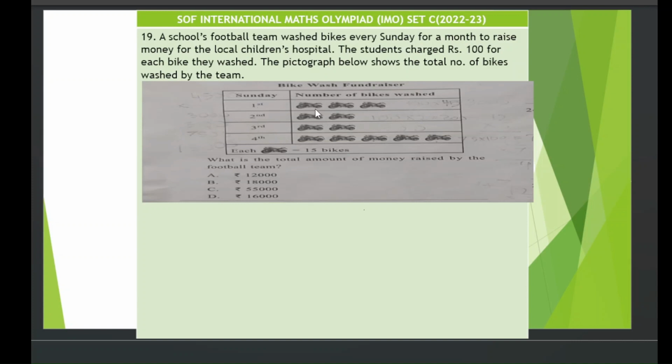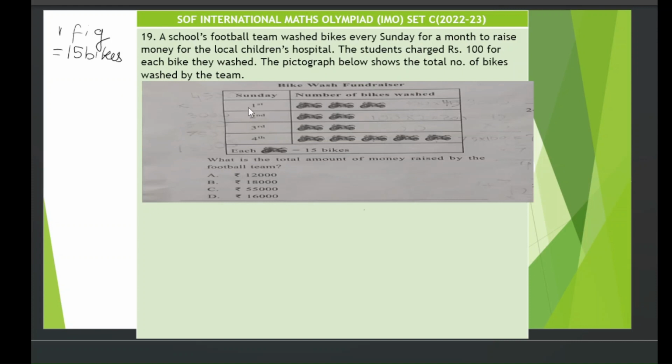Each figure of the bike is equal to 15 bikes. They have given this because that many bikes cannot be shown in the pictograph, right? And the question is asking what is the total amount of money raised by the football team.